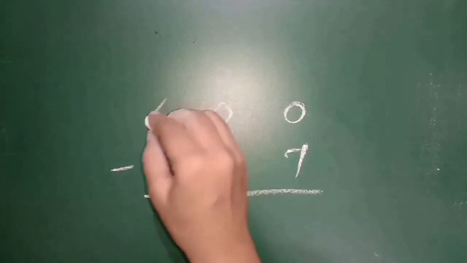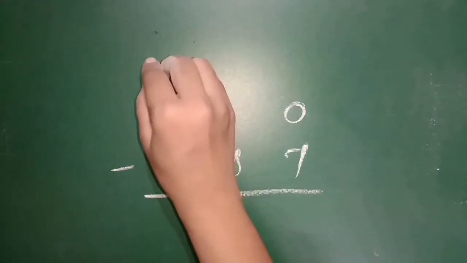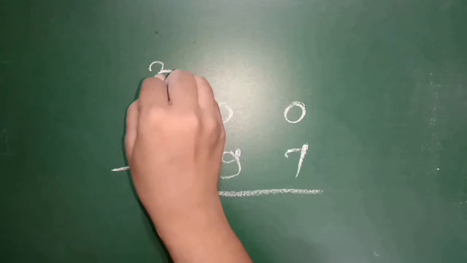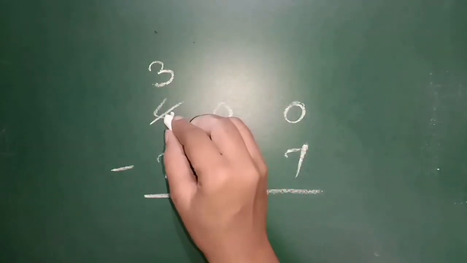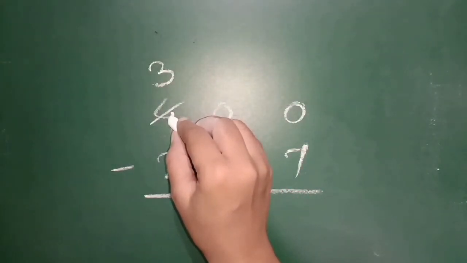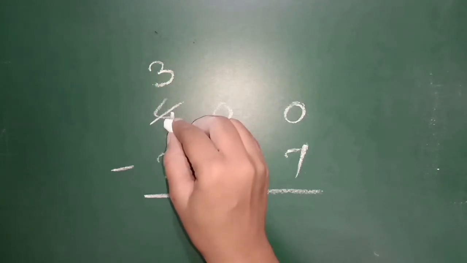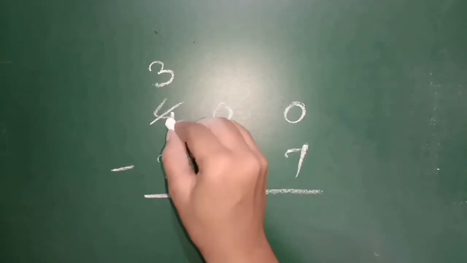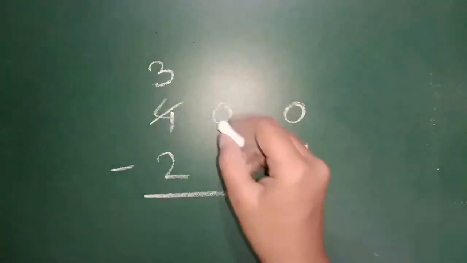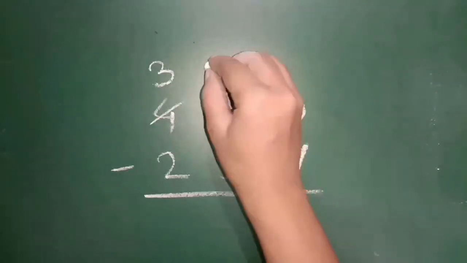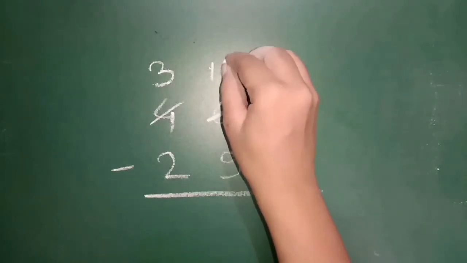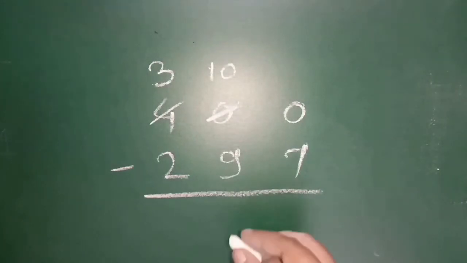Here we can cut 4 and write here 3. Why? We have to borrow 100 from 100 place. Okay, so that 4 will become 3 and 0 will become 10. Got it?